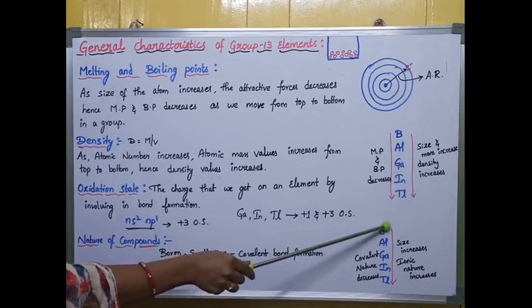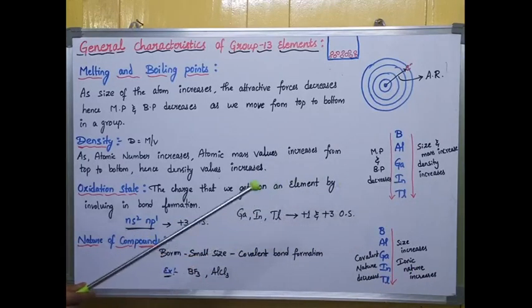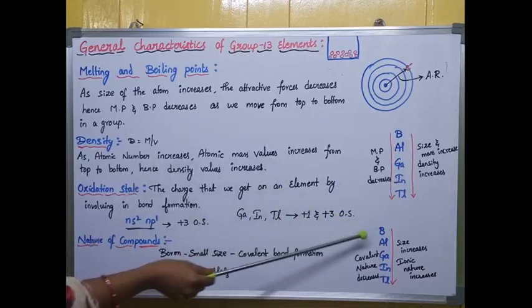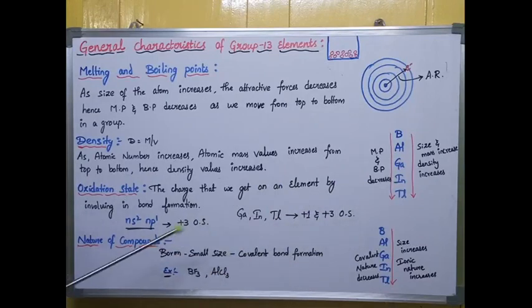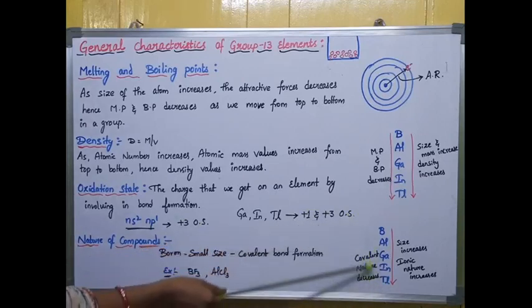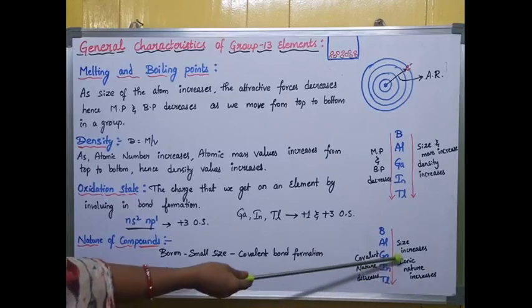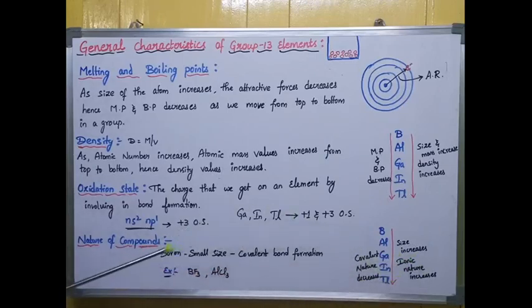Boron cannot lose electrons easily, hence it is involved in sharing, that is, covalent bond formation. Due to its small size, it forms covalent bonds. Along with that, aluminum also sometimes exhibits covalent bond formation, as in BF3 and AlCl3. But for the remaining elements, as size increases, they readily lose electrons, exhibit electropositivity, and show ionic nature, forming ionic compounds.